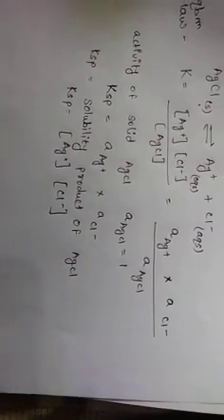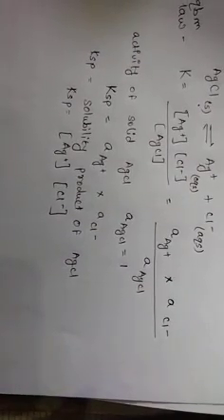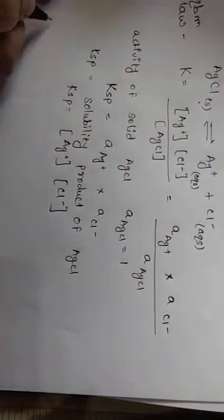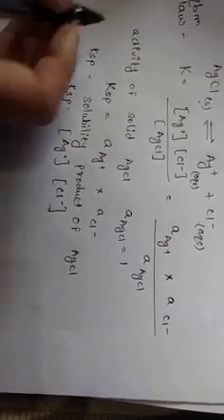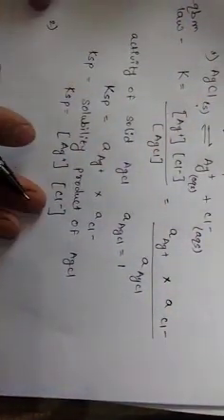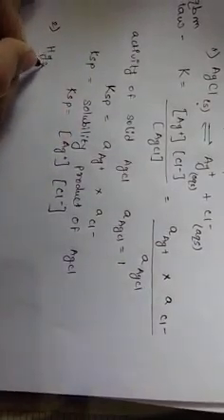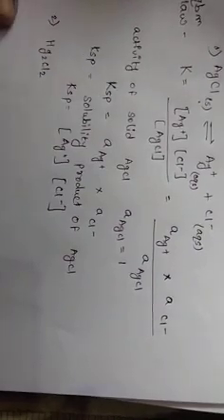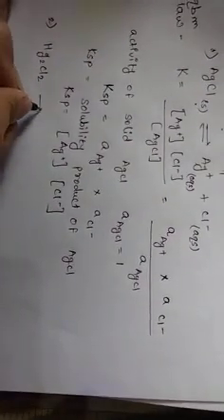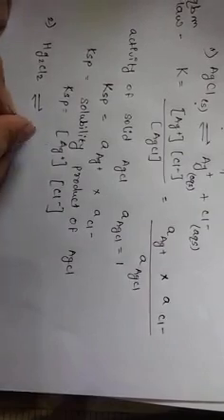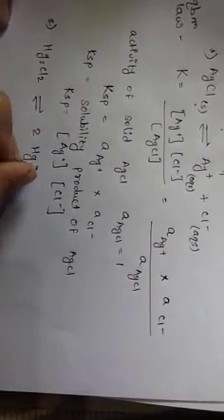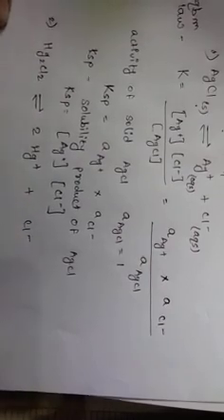Okay, so now we will consider another example. This AgCl is the first example. Now secondly we are considering Hg2Cl2. This is also a sparingly soluble salt, and it will dissociate in water as Hg plus and Cl minus.